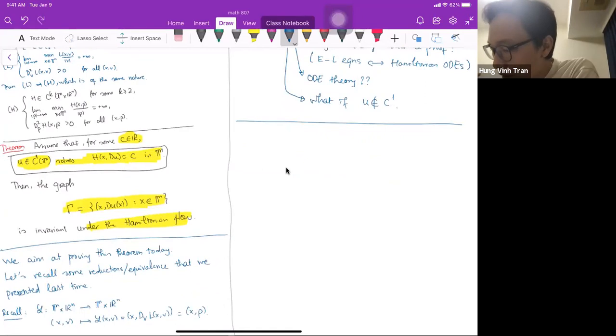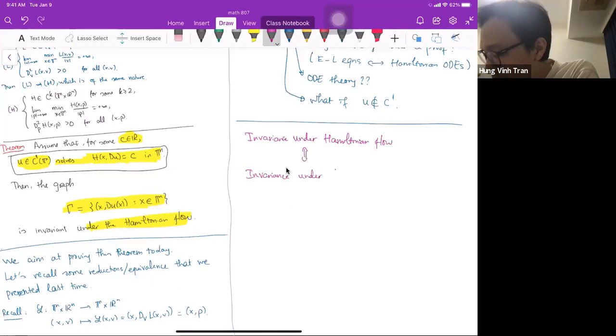So I should have said that invariance under the Hamiltonian flow can be proved to be equivalent to invariance under the Lagrangian flows as well. So it's useful to go between the two.